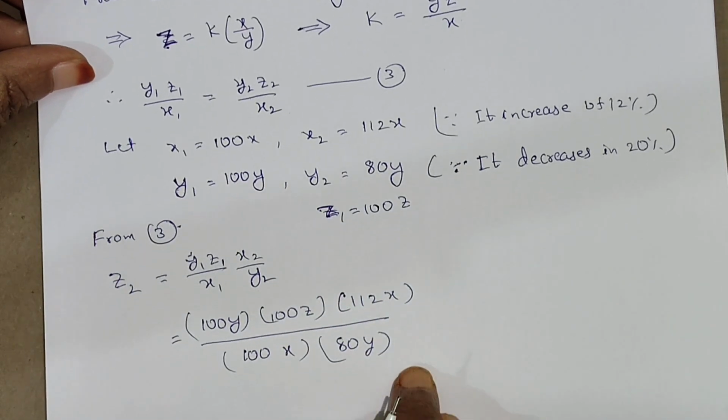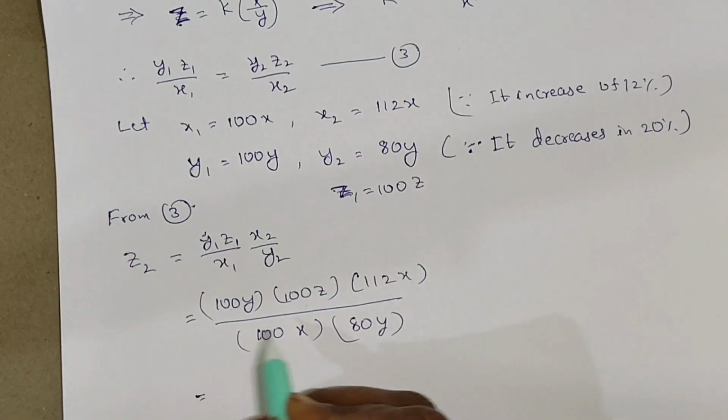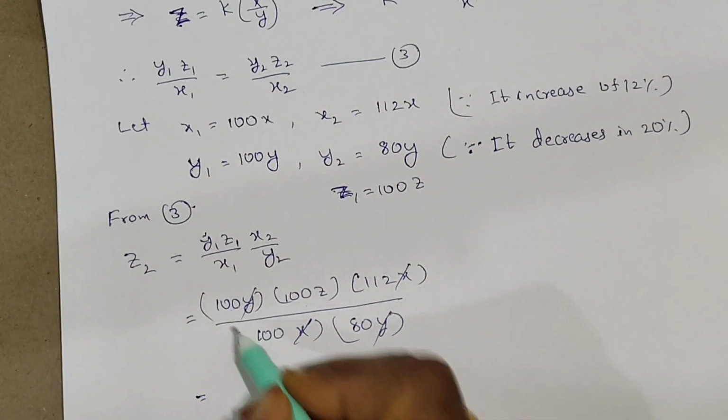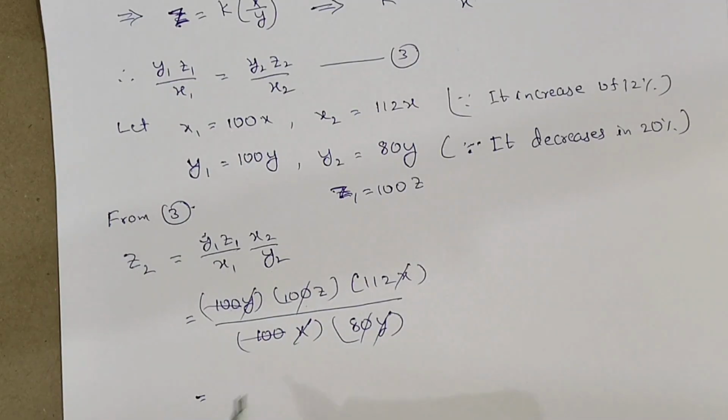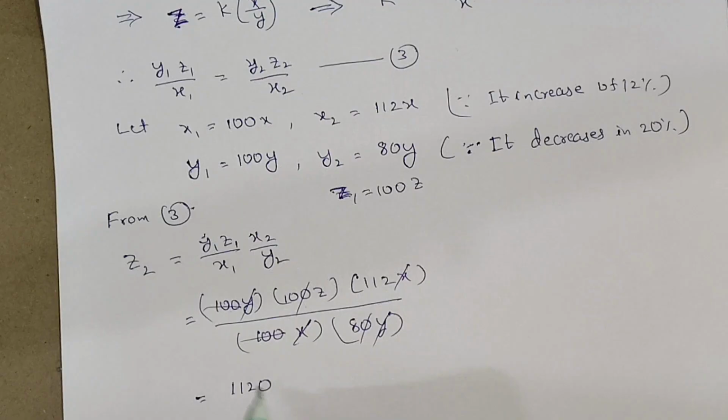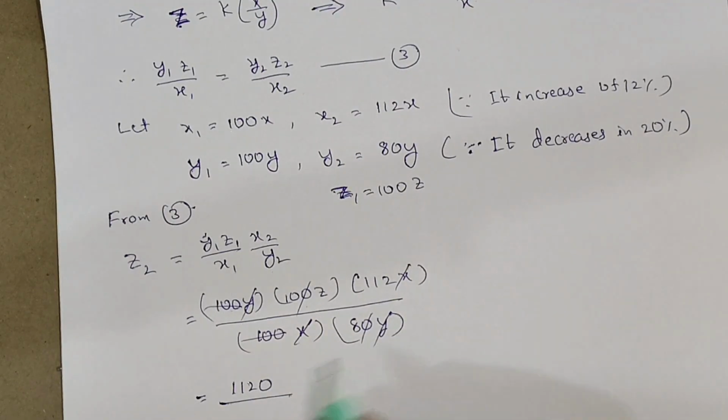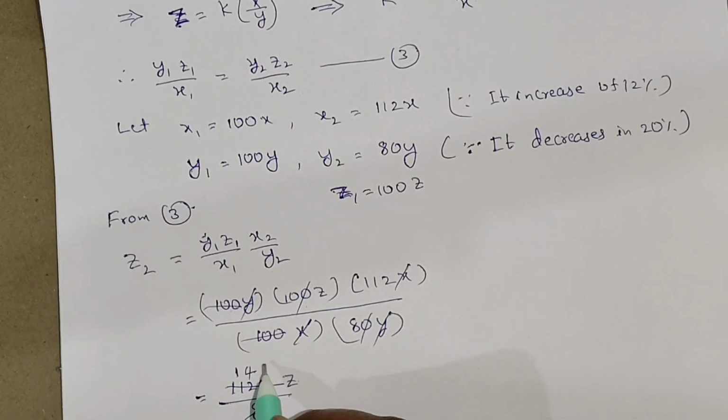Now simplify this one. X gets cancelled, Y gets cancelled, and the zero gets cancelled. So 10 into 112 by 8, Z. 8 ones are 8, 8 ones are 8, 8 fours are 32.